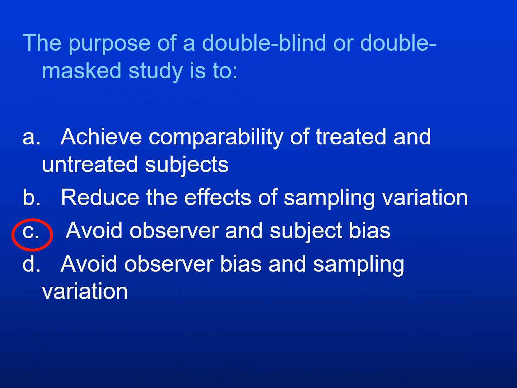The purpose of a double-blind or double-masked study is to achieve comparability of treated and untreated subjects, reduce the effects of sampling variation, avoid observer and subject bias, or avoid observer bias and sampling variation. It is already solved in front of you: avoid observer and subject bias.